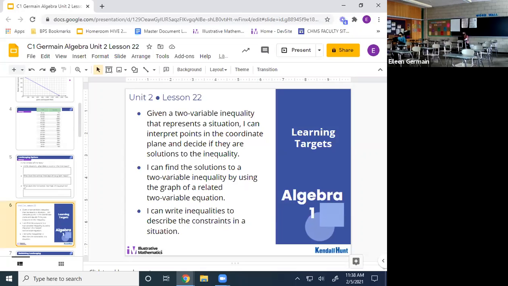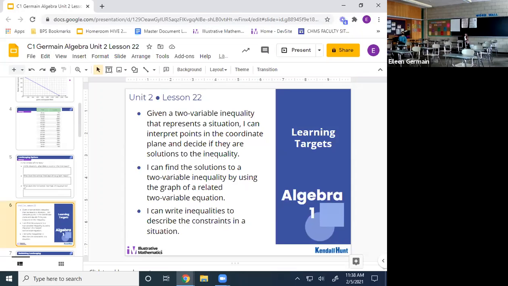We're going to change that story and create an inequality. We're going to decide if we find a coordinate point, does it make sense in the context of that story? So when we're talking about where we're going to shade, that's where the context of the story comes in. We're bringing the context in when we decide on where we're going to shade, okay?